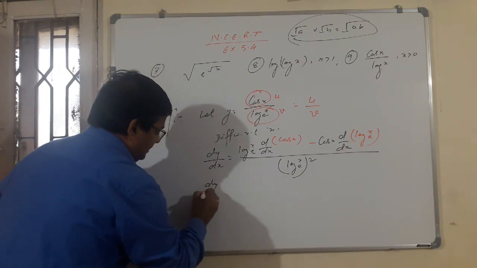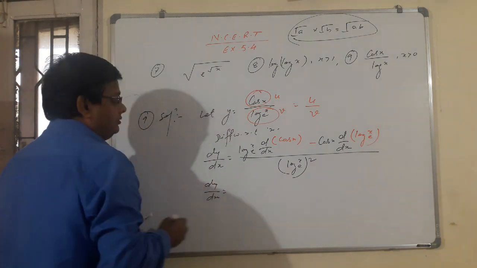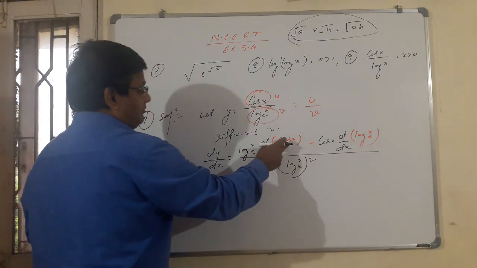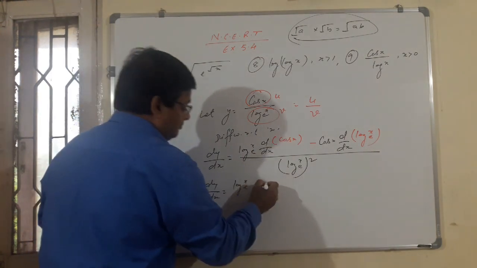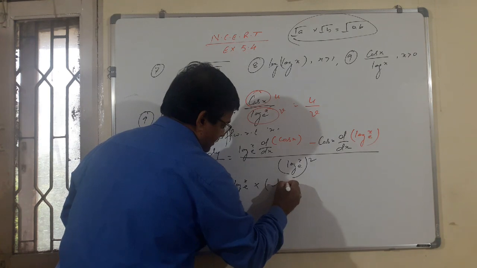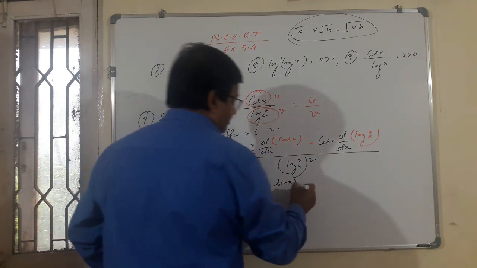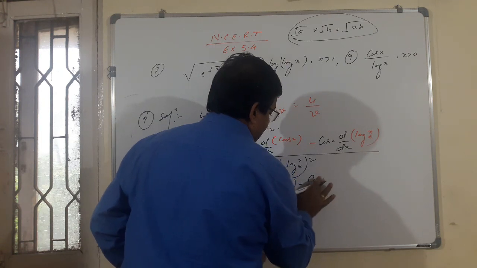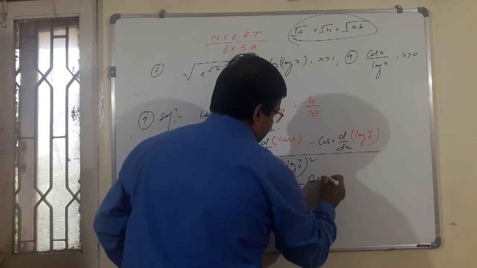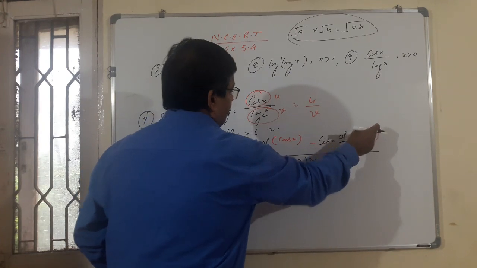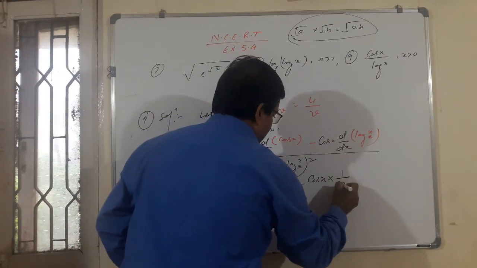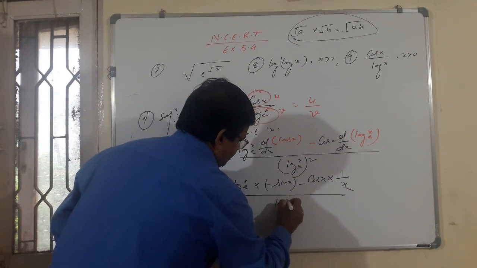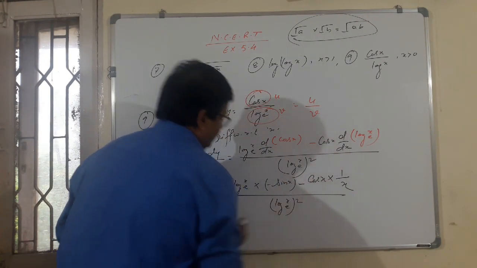So dy by dx is equal to log x to the base e into differentiation of cos x, which is minus sin x, minus cos x into differentiation of log x to the base e, which is 1 by x, divided by log x to the base e whole square.